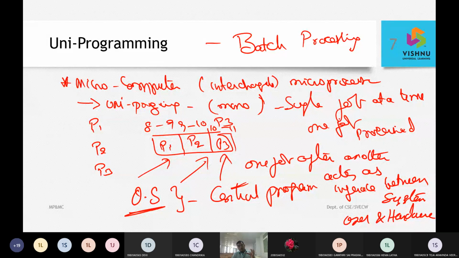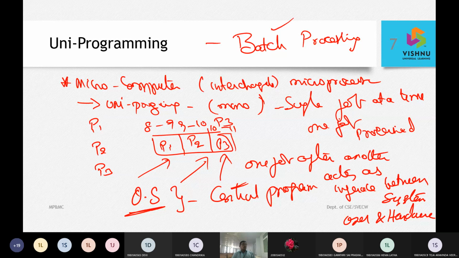We need to have an interface, a translator, a mediator, and that mediator job is taken up by the operating system. The very first way where this is done is with the batch processing system.